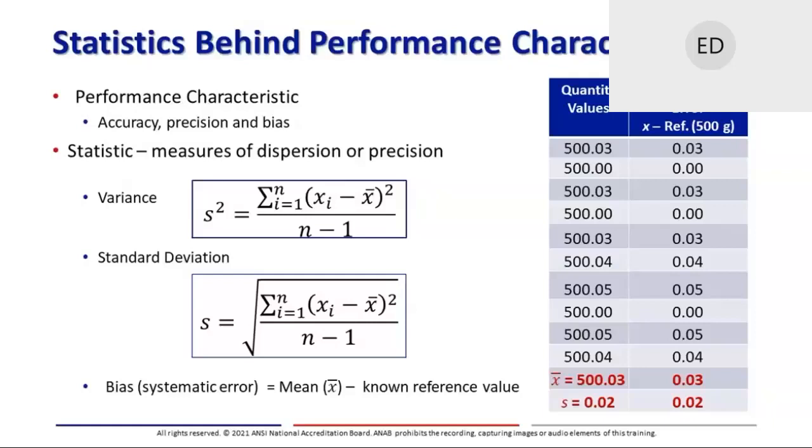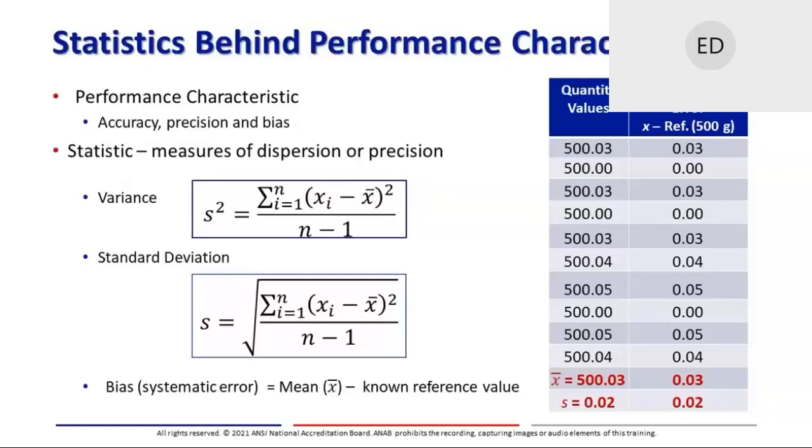To get the systematic measurement error, or the bias, we would take the mean value and subtract the known reference value, which is 500 grams. And in this case, 0.03 is the bias or the systematic measurement error from these measurements. This is, again, a measure of measurement error or bias. It tells us something about the measurements that we're making, and it is a part of the overall measurement error for these measurements that were estimated.